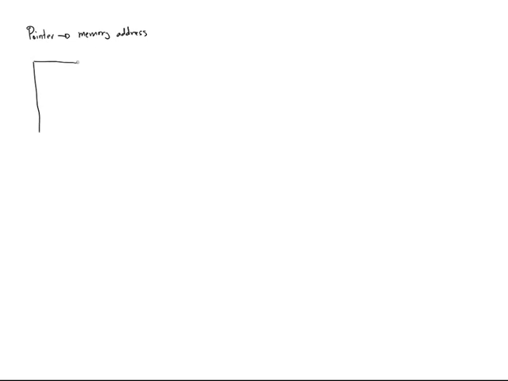If we take a basic look at what memory looks like in the PC, you have this big block of memory that's full of bits, a bunch of zeros and ones.